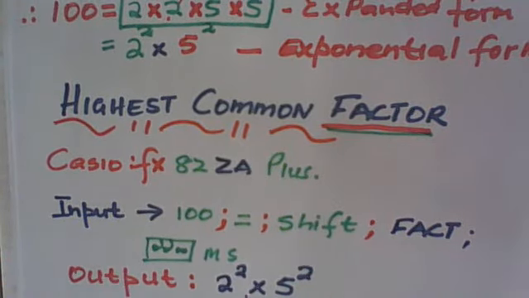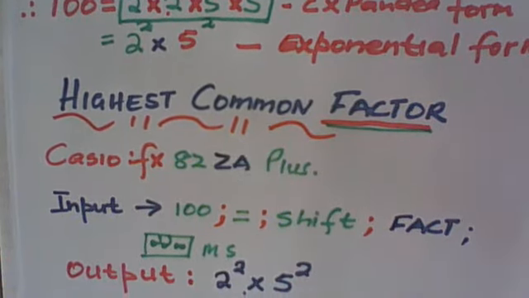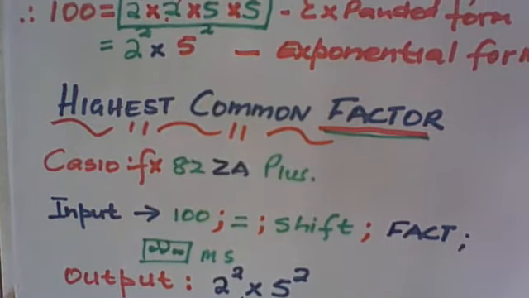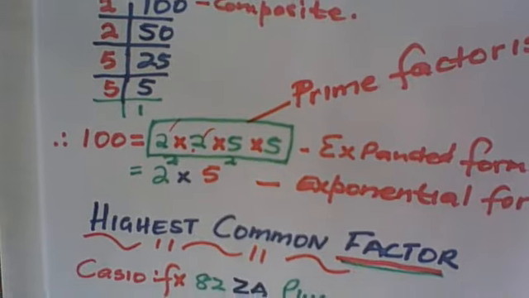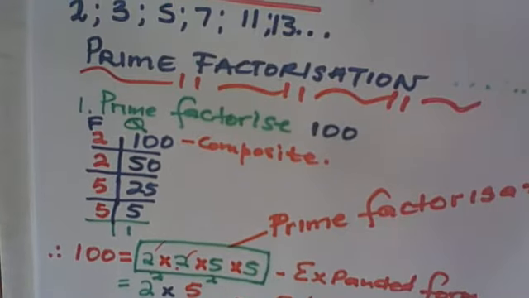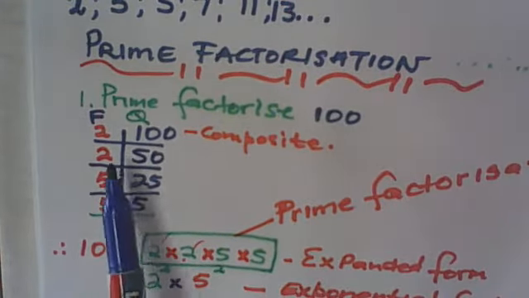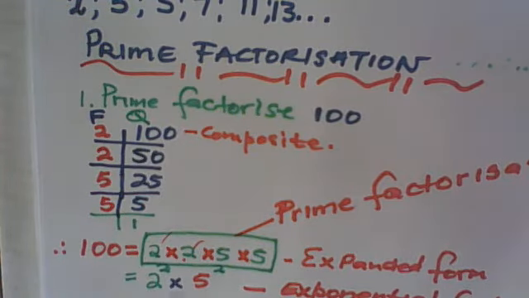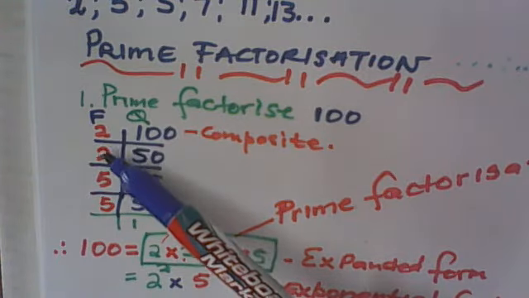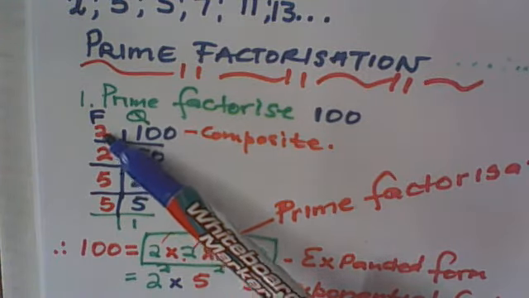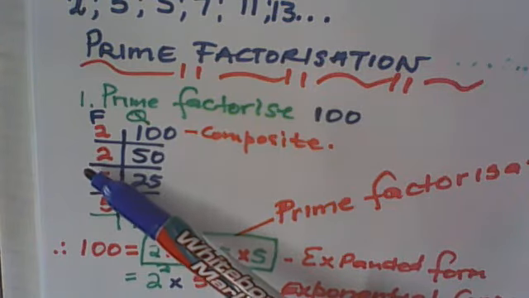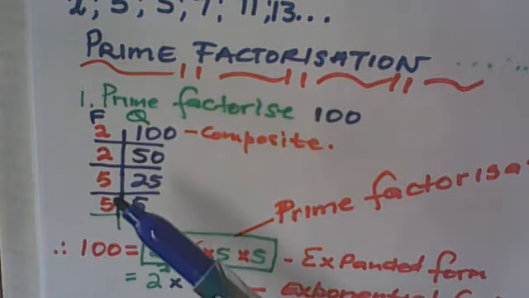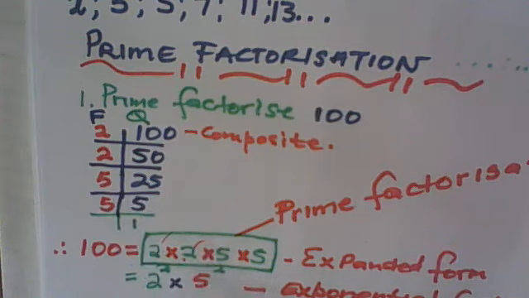Now, when you go to your answer book, after getting this, you write this step. You write 100, and then how many 2's were there? There were 2. That was 2 to the power 2. So times 5 to the power 2.